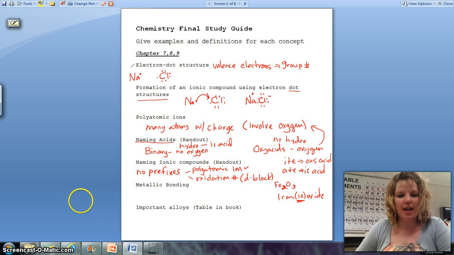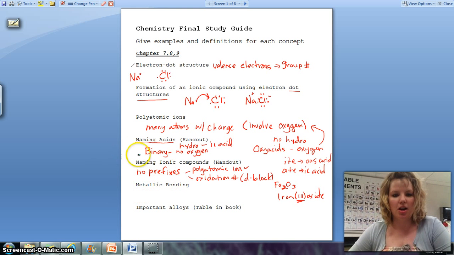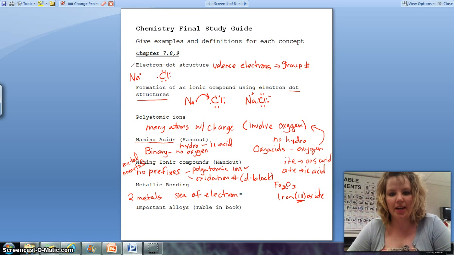Okay, metallic bonding, you need to know what it is, the definition. Ionic bonds are a metal and a non-metal. Metallic bonding is 2 metals bonding together. We call this the sea of electrons. The sea of electrons just means that all metals are cations, which means they're positive, they have extra electrons hanging out, so you're going to get a whole bunch of electrons.